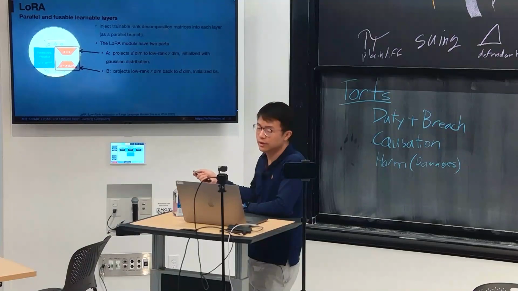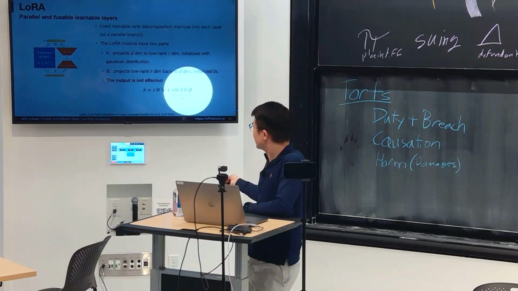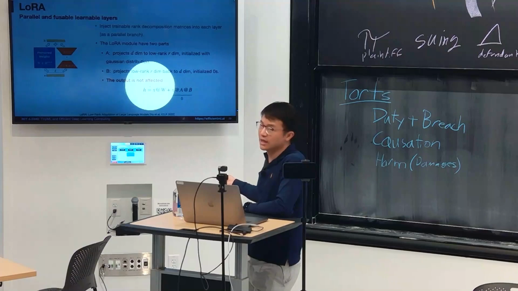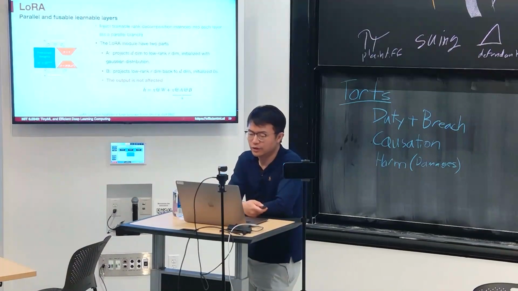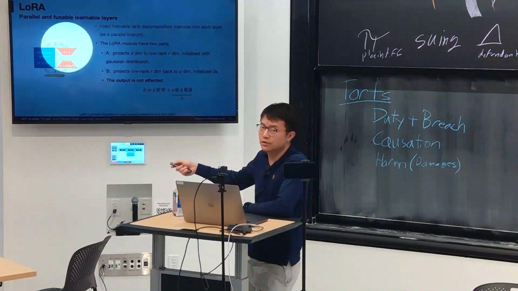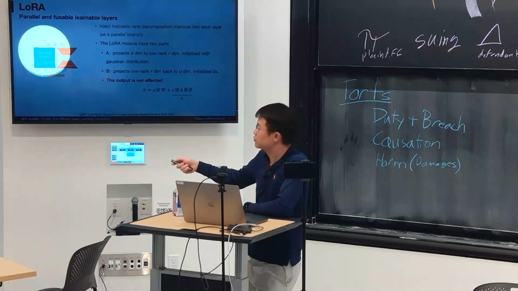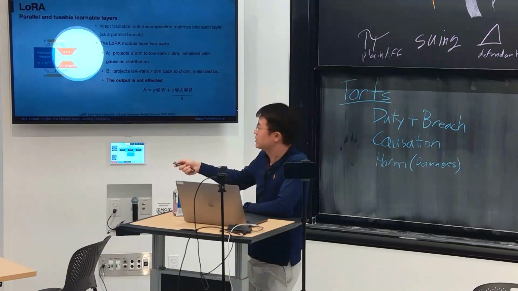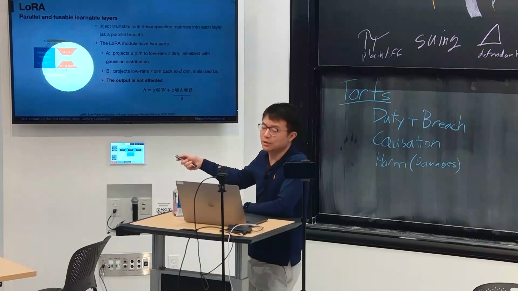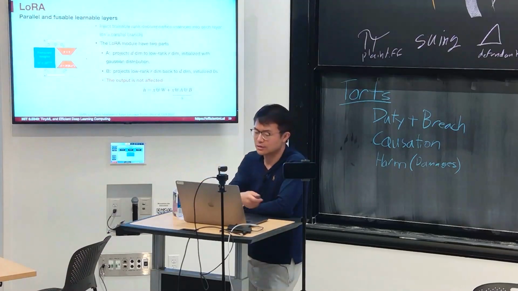So initially adding this side branch will have 0 effect since one of them, A and B, is 0. So they're initialized to be identical with the original matrix multiplication. Initially B is 0, so this branch is effectively a 0 branch. We only have these pre-trained weights. But later, when we get started learning, B and A can adjust. It is no longer 0. So we can learn new information in the side branch.